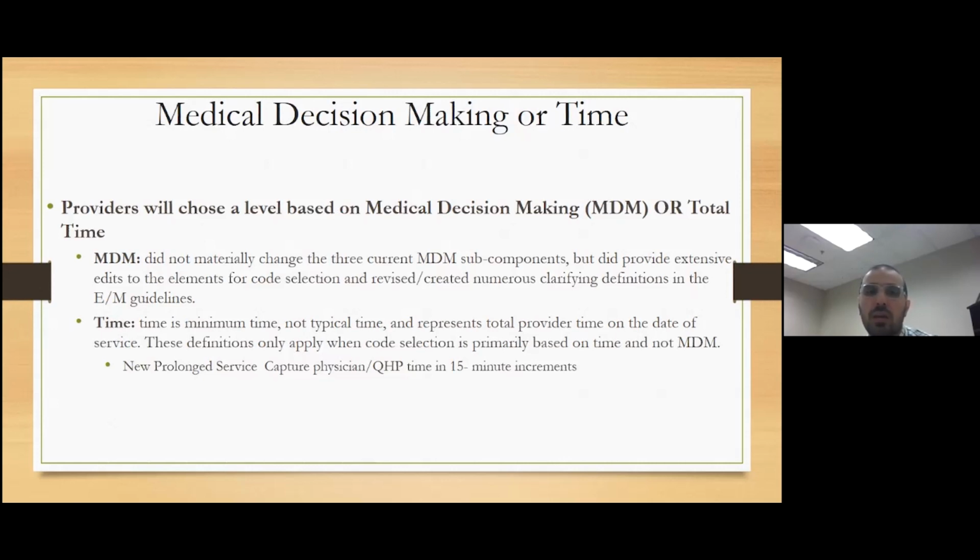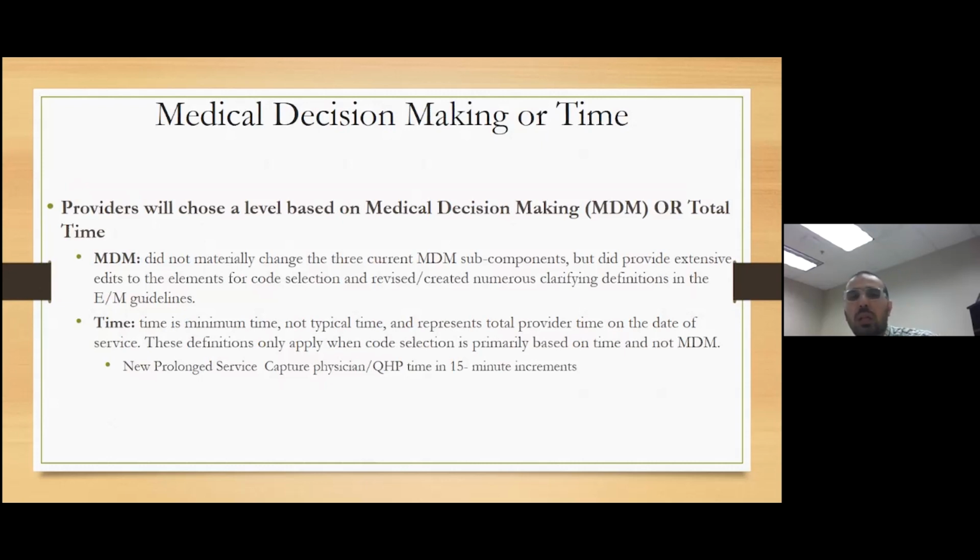In the past, it had to be face-to-face with the patients themselves in the encounter, without looking at anything else. And more than 50% of your time should be spent counseling the patient. That is not needed anymore.